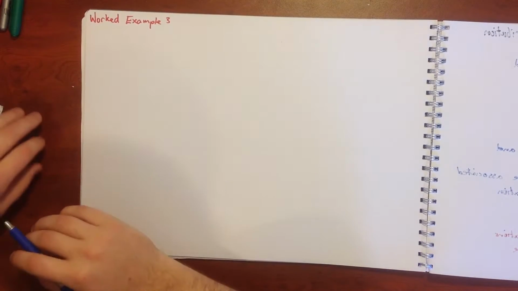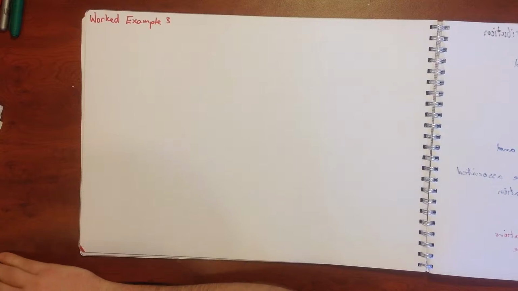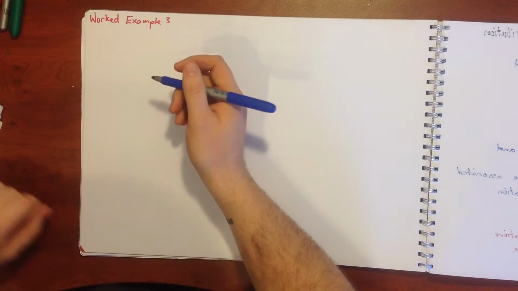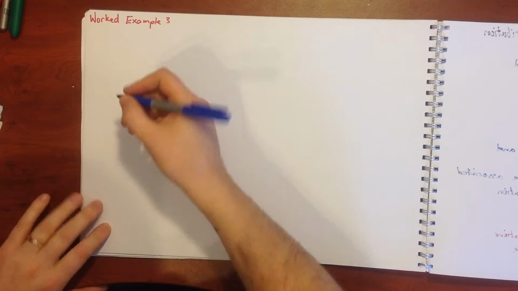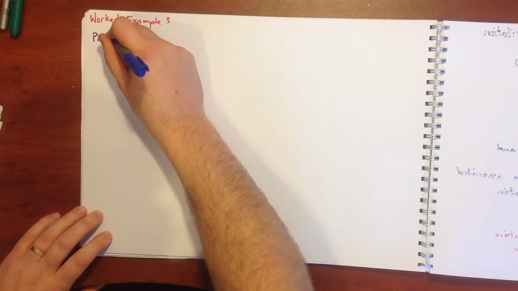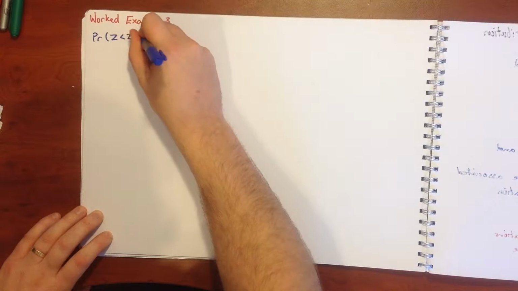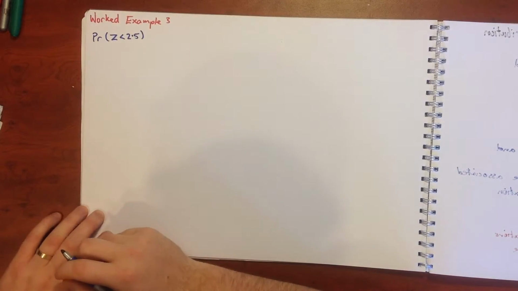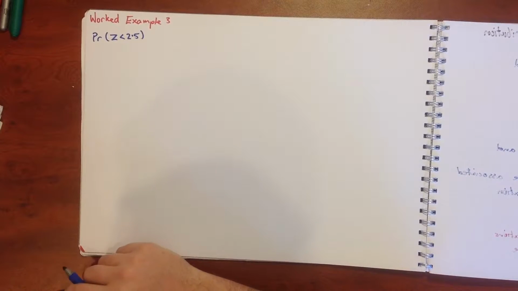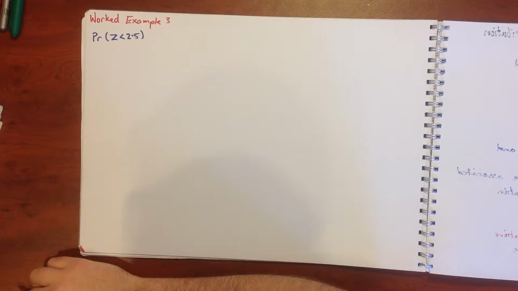In worked example 3, we're asked to calculate the values of the following probabilities correct to 4 decimal places. The first one is the probability that z is less than 2.5. Well, we know our mean is 0 and our standard deviation is 1, so 2.5 doesn't fall on one of our standard deviations, above or below.